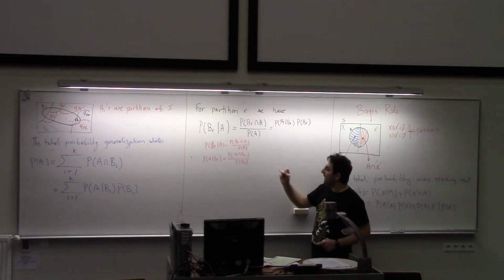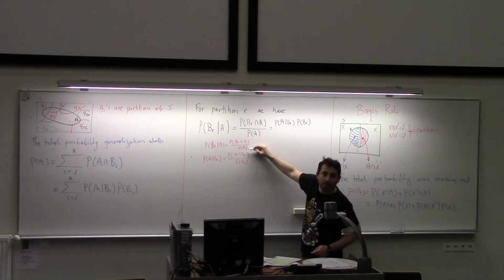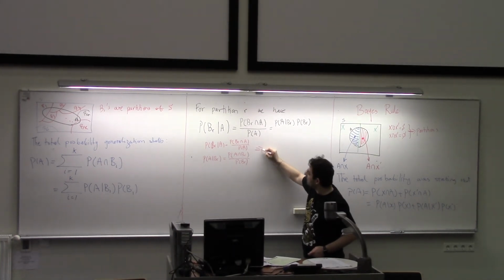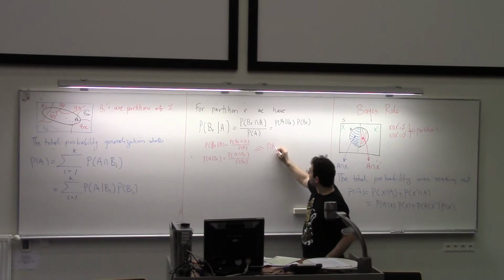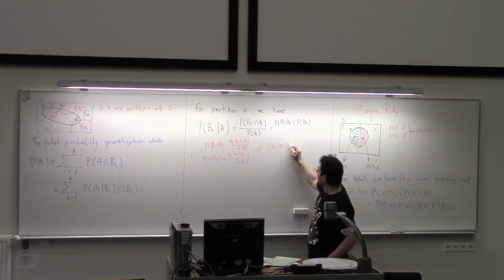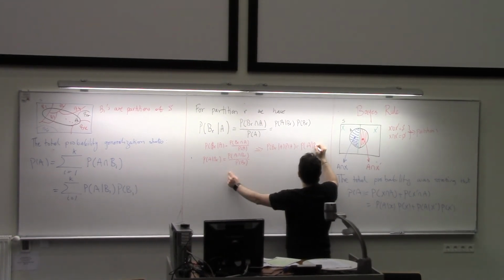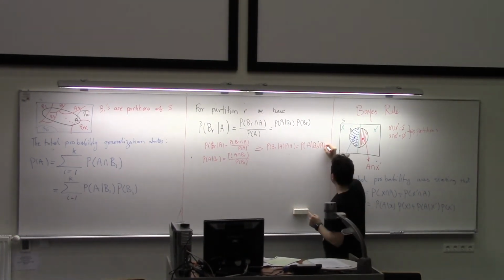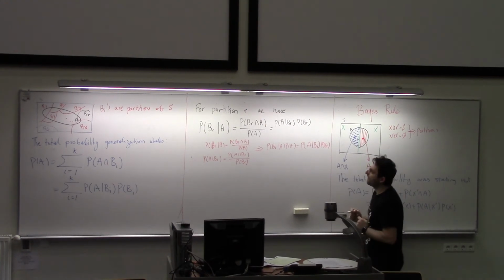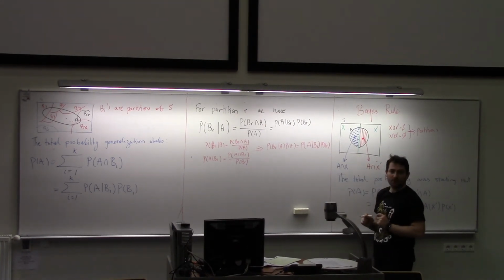And these two intersections are the same. So from these two I understand that the probability of BR given A multiplied by the probability of A is equal to the probability of A given BR multiplied by the probability of BR.